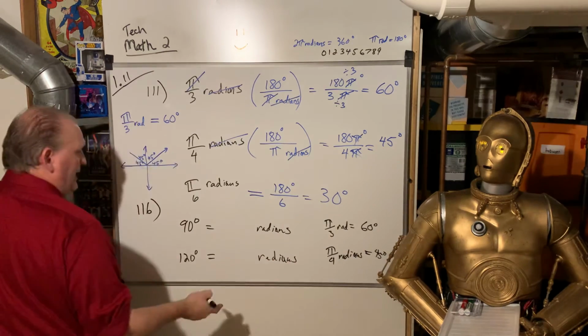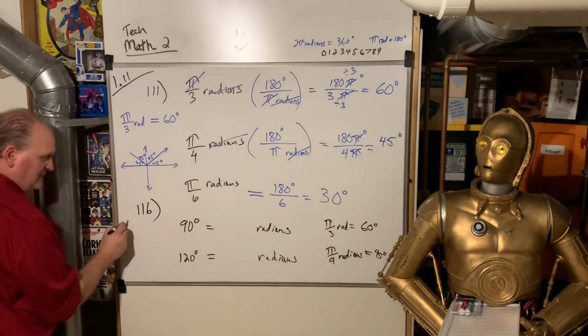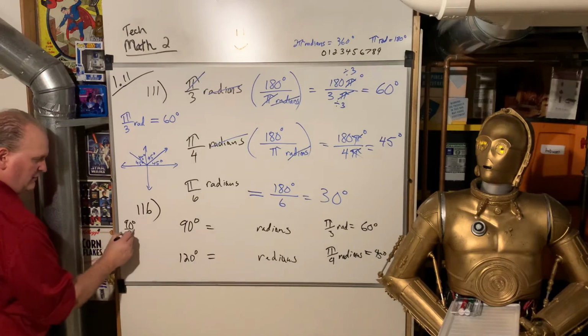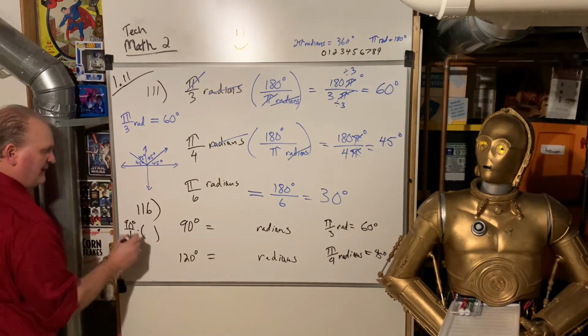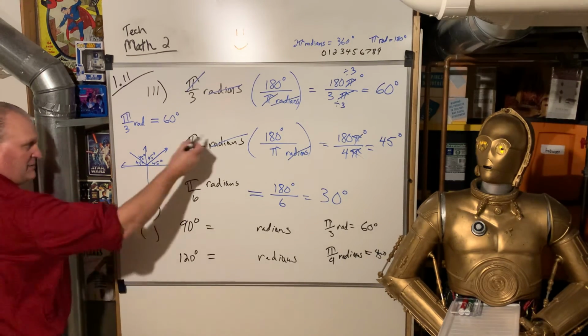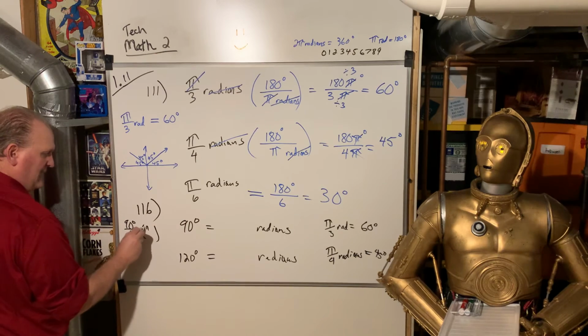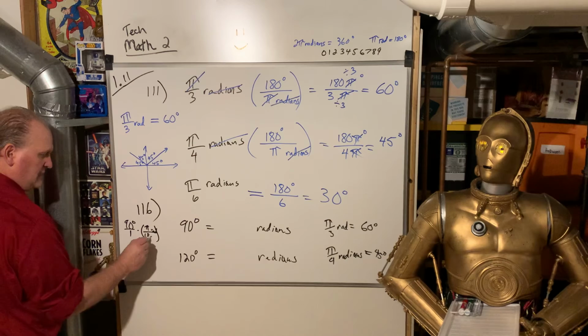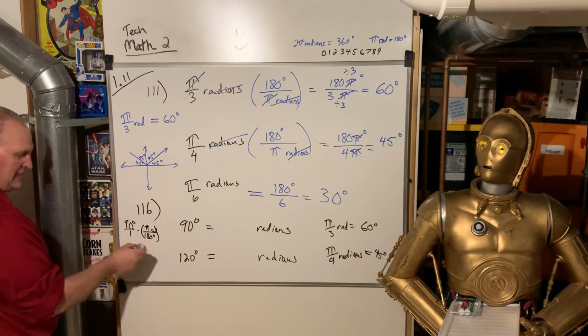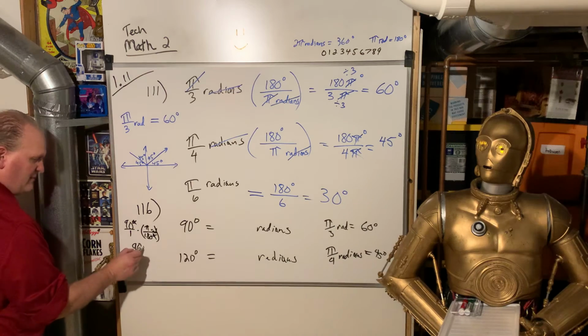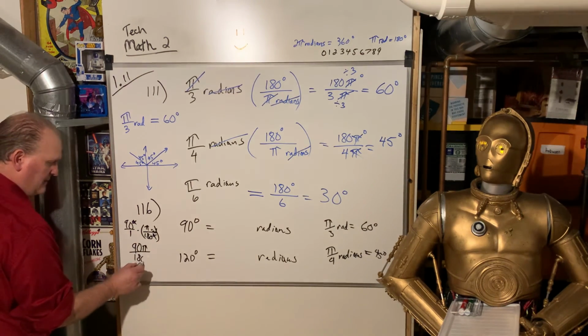Going the other way, we could say 90 degrees over 1 times, and now if I want to get rid of degrees and replace it with radians, I would say pi radians over 180 degrees. And check it out. The degrees will cancel with the degrees. End up with 90 pi over 180.